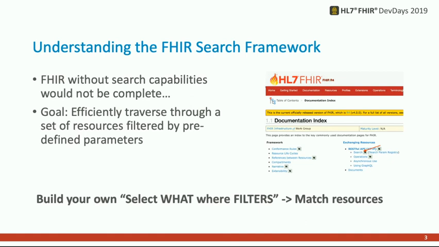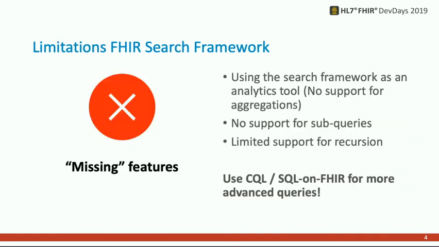So, before we get into more details, one big red notice up here. The FHIR search framework is really just meant for searching. It does not support any analytics use cases. So it does not have support for any kind of aggregation. You can't query for the maximum value of a resource, minimum, average, and so on.